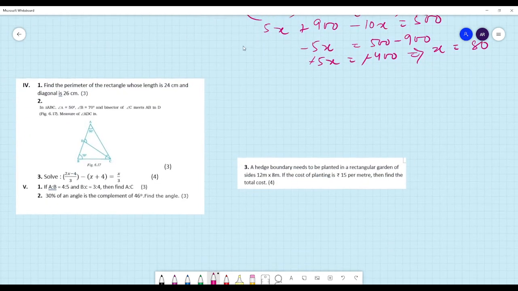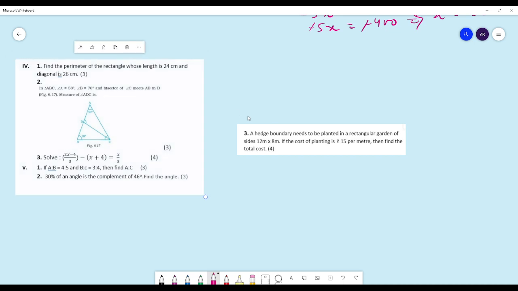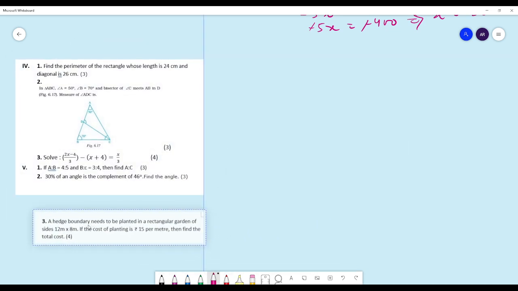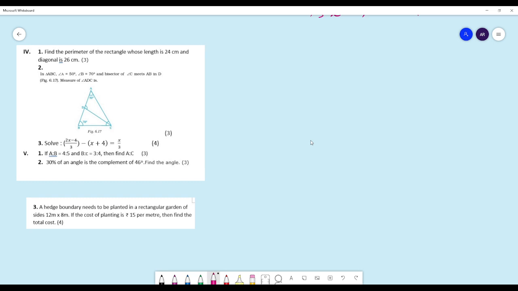Now let us move on to the fourth question over here. Find the perimeter of a rectangle whose length is 24 centimeters and the diagonal is 26 centimeters. Now what you need to remember over here is we are talking about a rectangle with these dimensions.